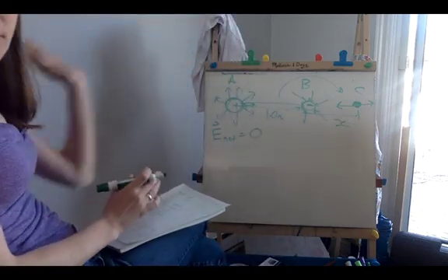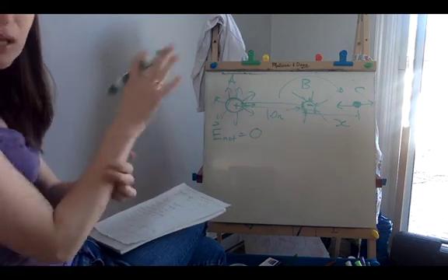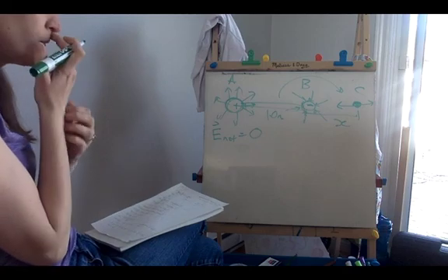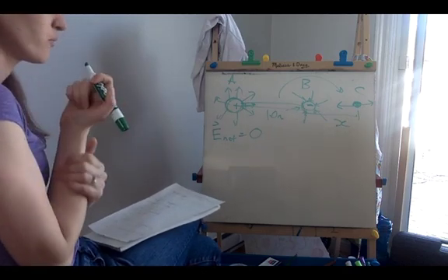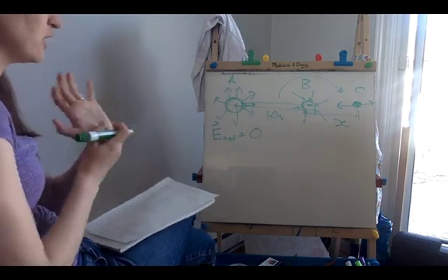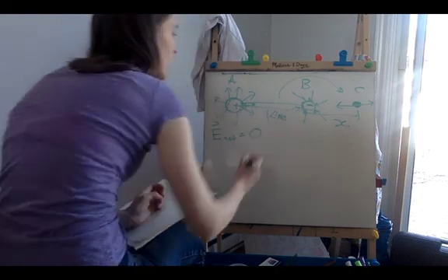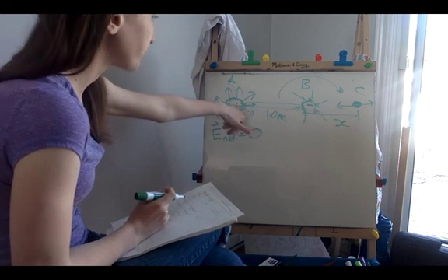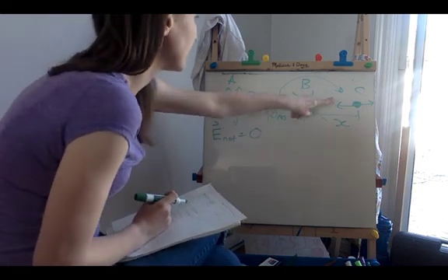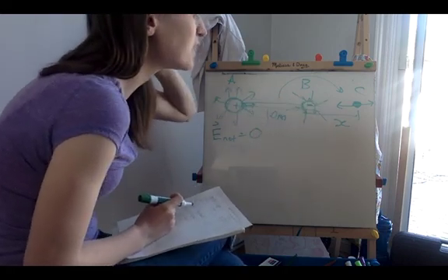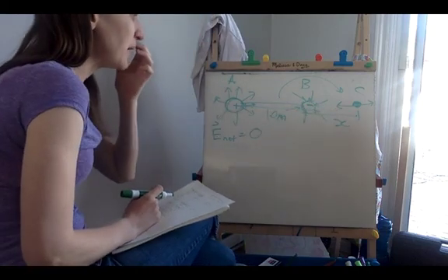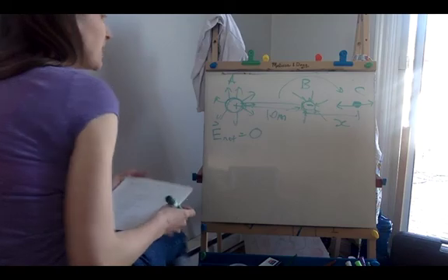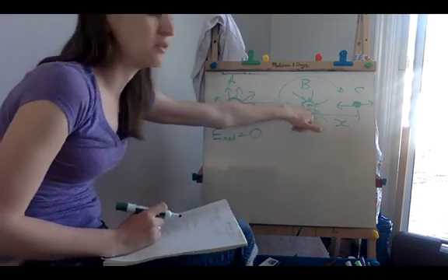Some point x meters away from charge B, we get some point C where the net electric field intensity is 0. So what we've got to deal with is the intensity of the electric field that C experiences from A, and the intensity that C experiences from B. In order for that to be 0, they need to be equal to each other, because this one would be positive and this one would be negative.